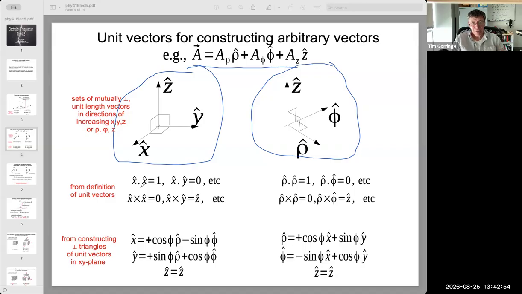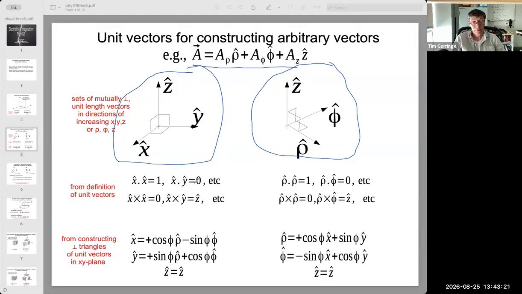The rectangular coordinate unit vectors are orthonormal. They have properties which we describe as being orthonormal. That is, their lengths are one and they are at right angles to one another. And so, for example, x dot x, the dot product of a pair of x unit vectors, is one.